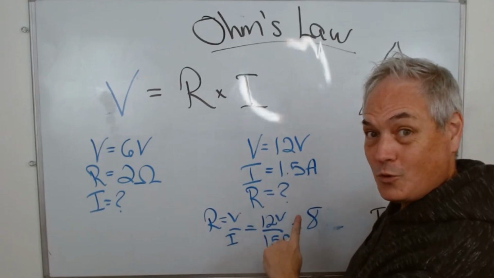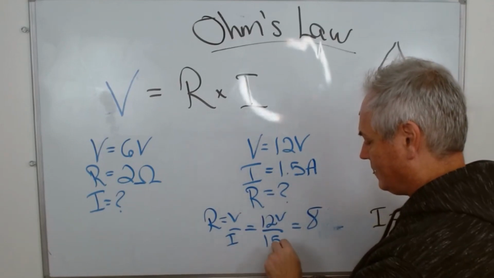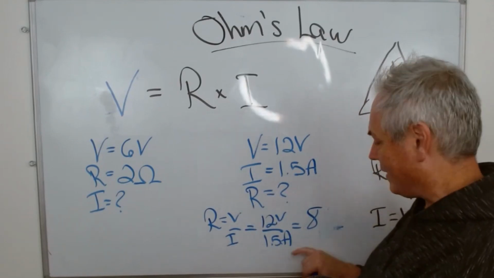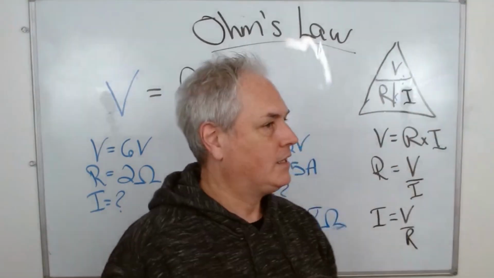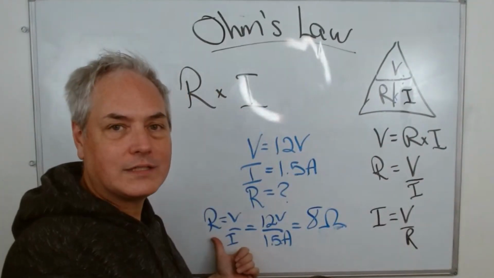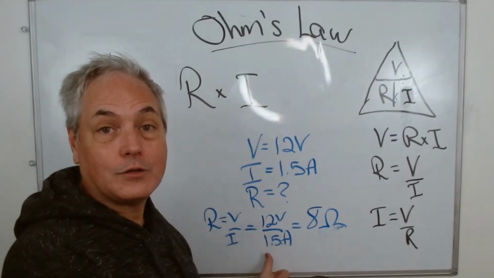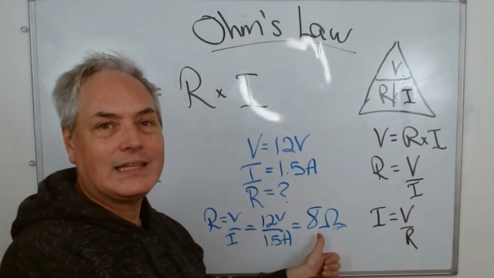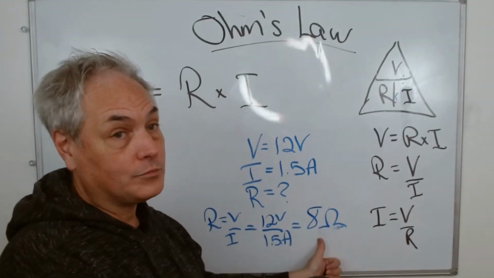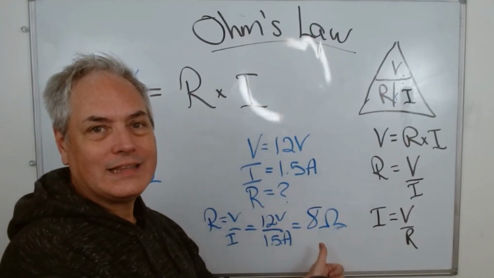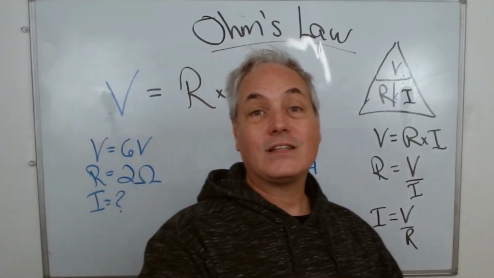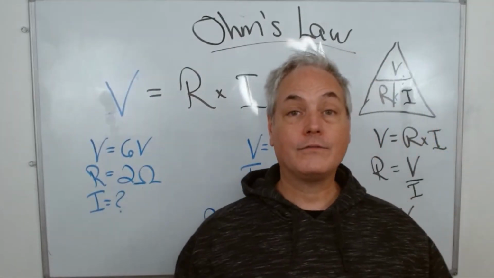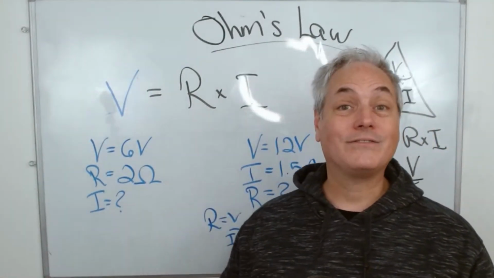The current is 1.5 A. Much better. So here I have to find the resistance: 12 volts divided by 1.5 amps equals 8 ohms. In this example, this is the resistance that I have right here. So this is an example of just an application of the equation of Ohm's law.